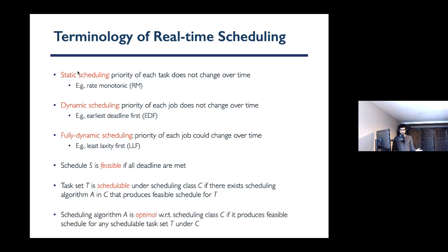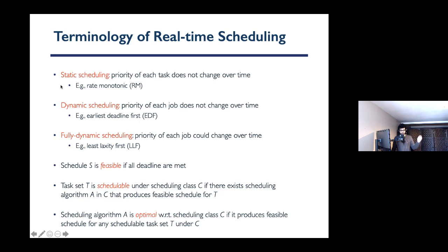And finally, we say a scheduling algorithm or scheduling policy A is optimal with respect to its class. So any algorithm is from a class; any algorithm is either static or dynamic or fully dynamic. We say that a scheduling policy is optimal in that class if it produces feasible schedules for any schedulable task set in that class.